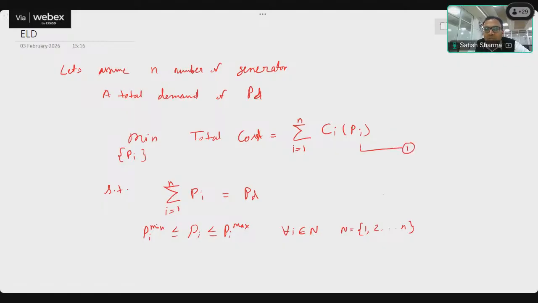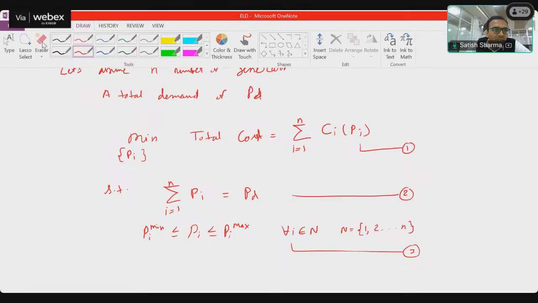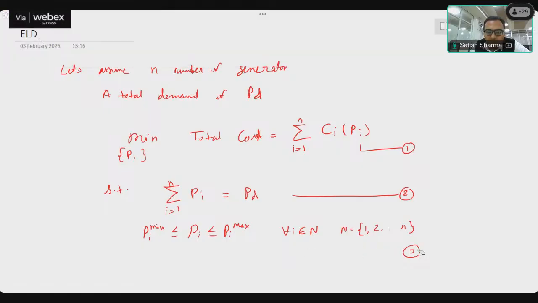Constraint number 1 is the objective function, constraint number 2 is the power balance equation, and constraint number 3 is basically our power generation limit.